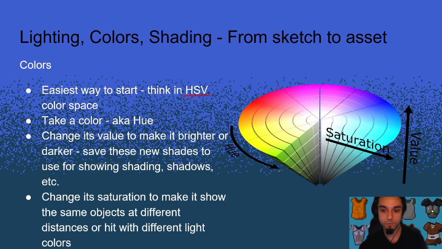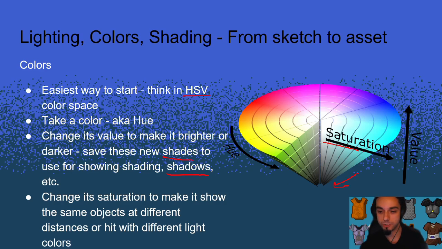When we change the hue, we change the color. If we have decided, let's say, we want some blue, then we change the value. If you change the value to a darker one, you can make different types of shading, for example if something is in the shadow or more in the background.